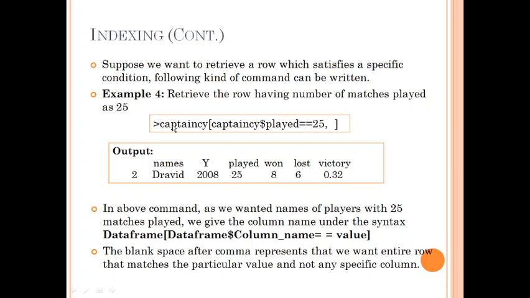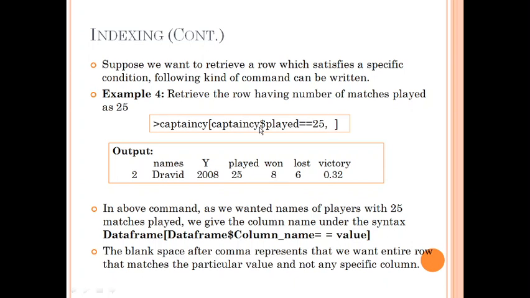The syntax of logical indexing is like this: the name of the data frame, captaincy, and now look at this code. It says that from the captaincy data frame I want all those players who have played exactly 25 matches. So this logical condition is given in the row number space before this comma. Whichever row satisfies this condition will be displayed completely, as there is no column number given over here.